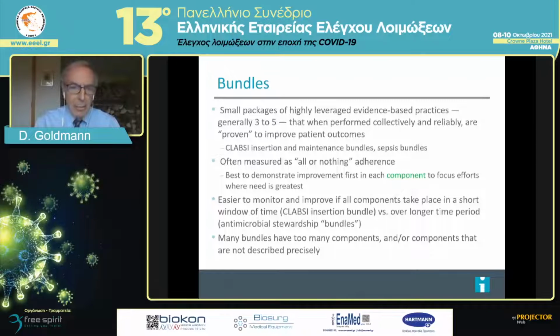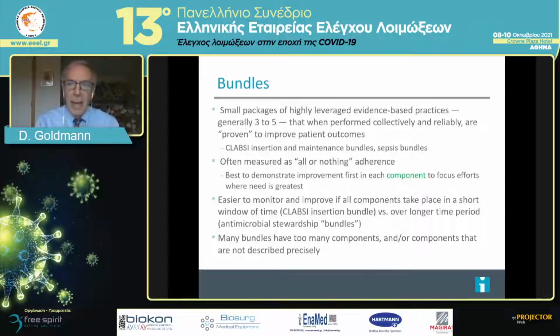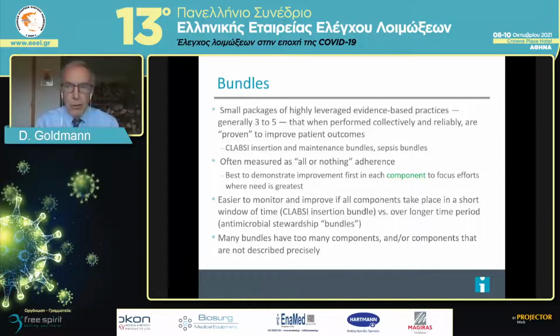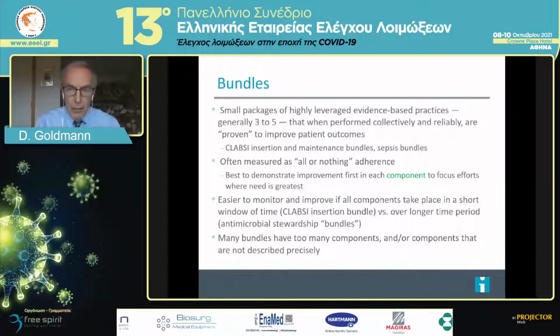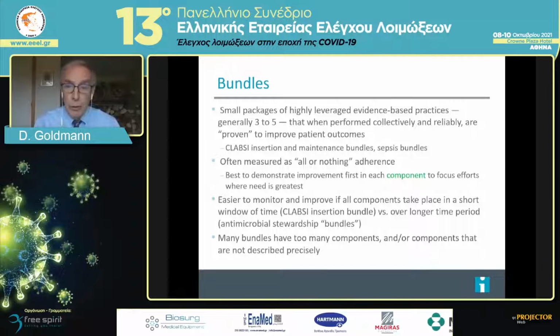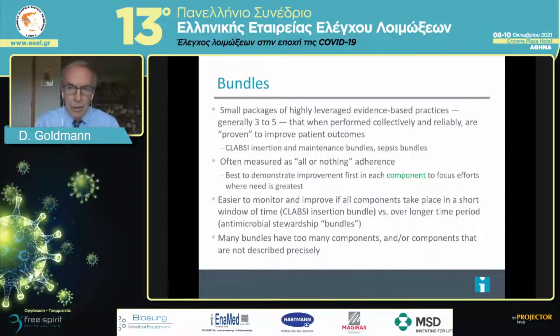I find that the most successful bundles are occurring in a very short period of time, such as the CLABSI insertion bundle for catheters. When bundles involve a longer period of time, such as antimicrobial stewardship, it's much harder to monitor them and to get people to comply with them because they're stretched out.